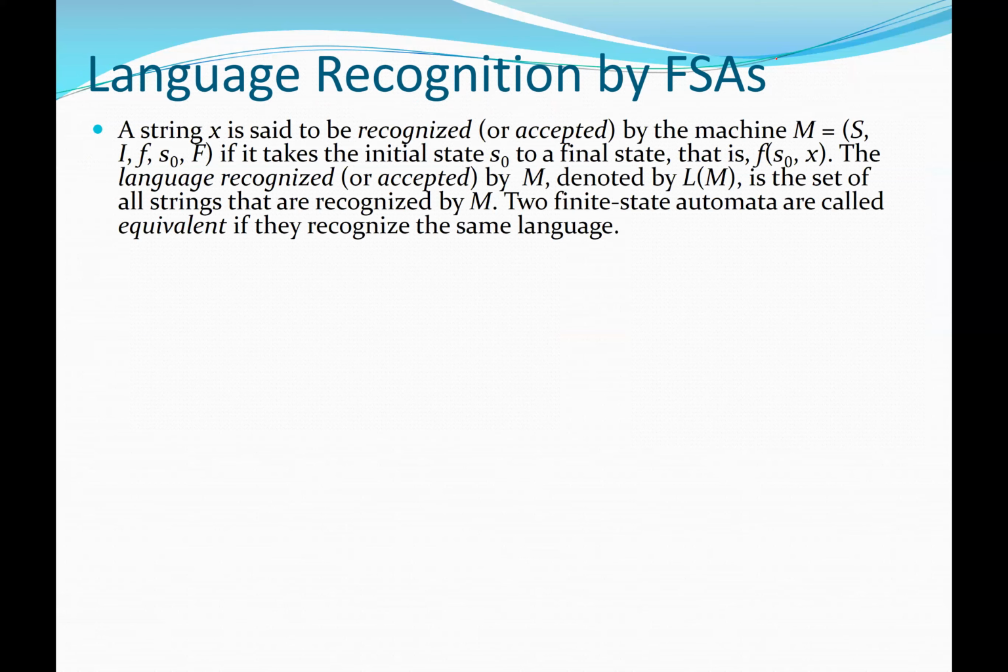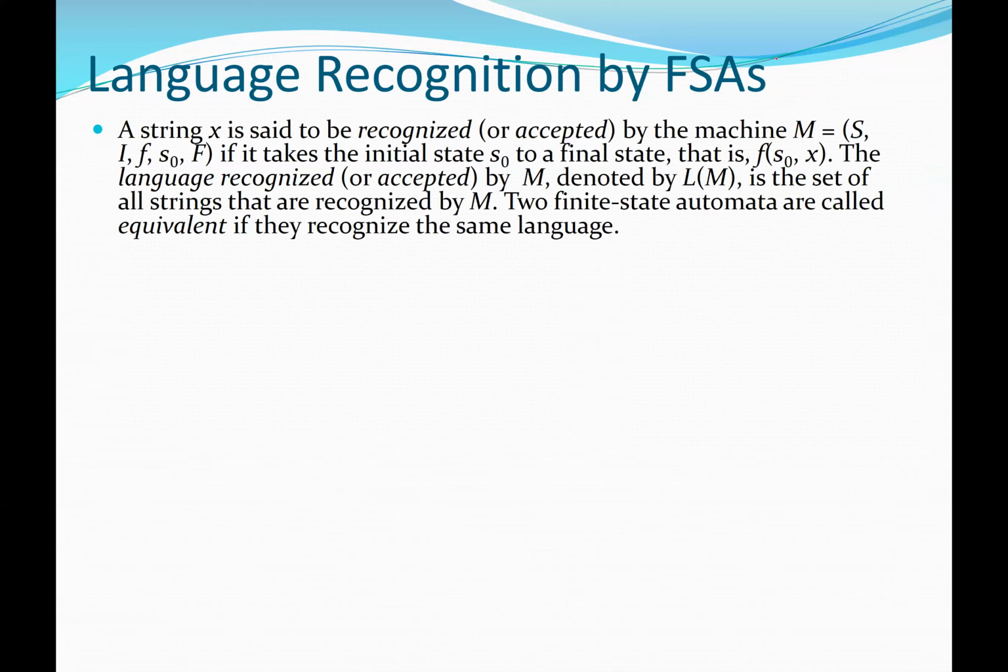It doesn't care how many states it's going to travel through, but if it takes the initial state to a final state, then we say that yes, it will be recognized or accepted by the FSA. All right, so the function will be f(S0, x). We're going to use the string x to take the initial state to the final state. So we denote that L(M).